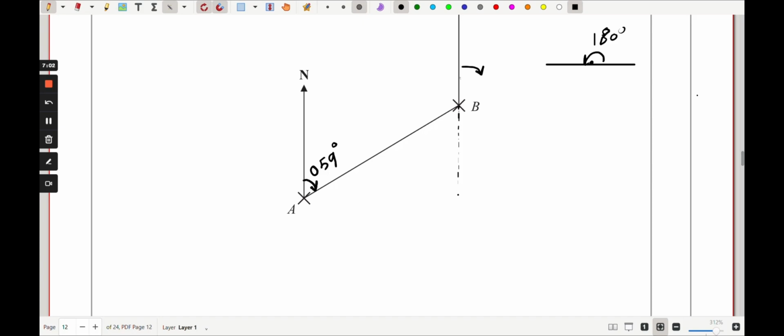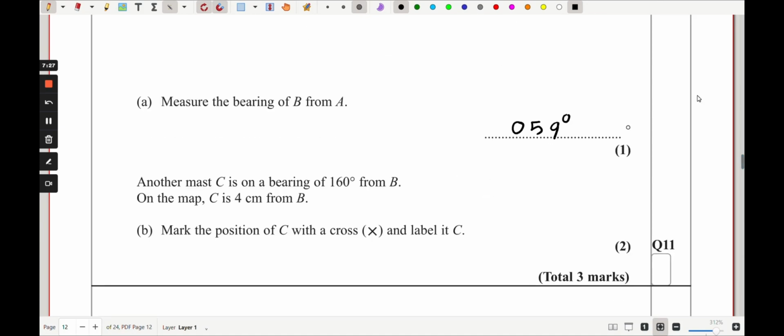So using your protractor try to measure angle 160. Here is 180. Almost, you will have the point C in this direction here. So you can put the point C, and you have to use your ruler to measure the distance between point B and point C and make it 4 centimeters, as they mention here.